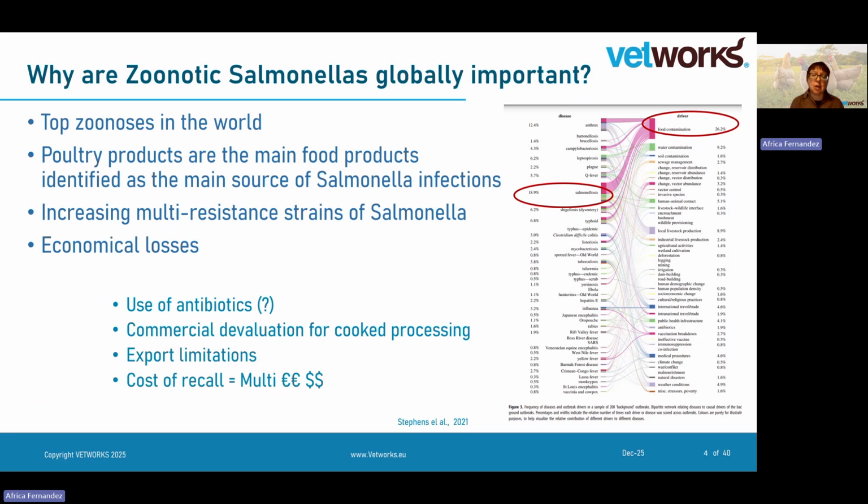An additional consideration that is also very important is that Salmonella is increasing its multi-resistant strains, which creates a lot of difficulties when we want to treat humans that have the infection.